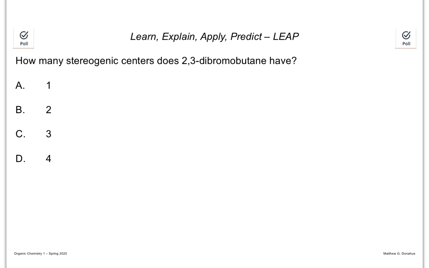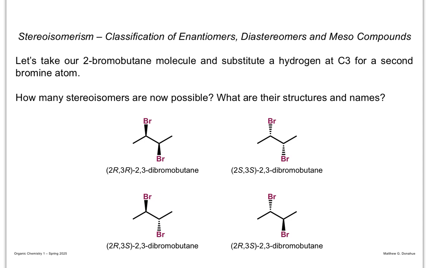So 2,3-dibromobutane, we said, has 2 stereogenic centers that I'm marking with the asterisks. And so here they are, drawn out for you. One thing I want to point out about this type of drawing: the carbon backbone is in the plane of the board.